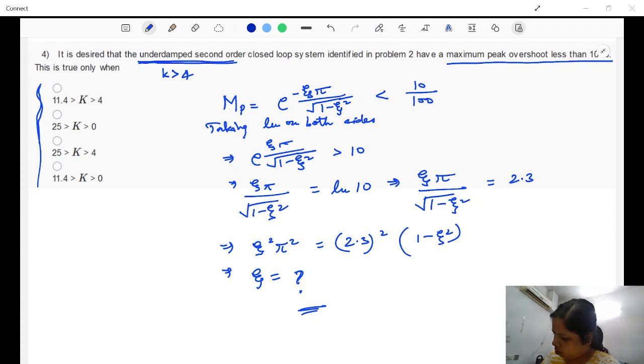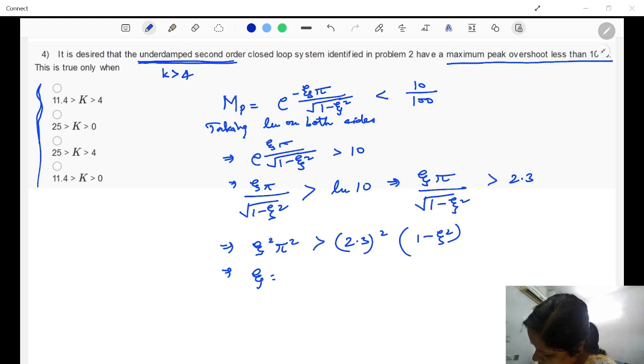Zeta would be greater than some quantity.